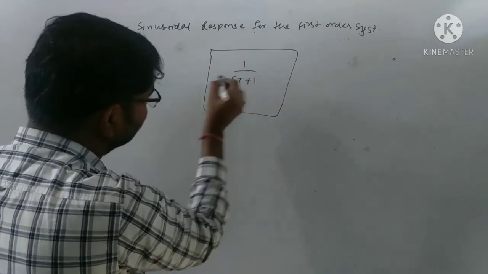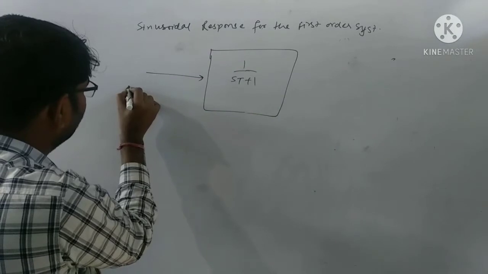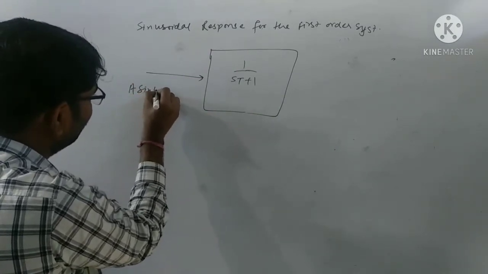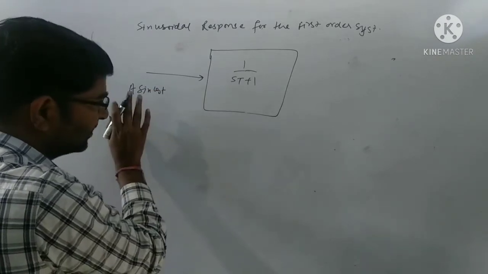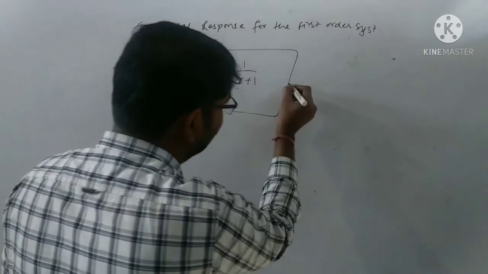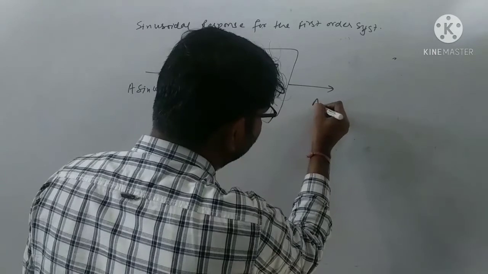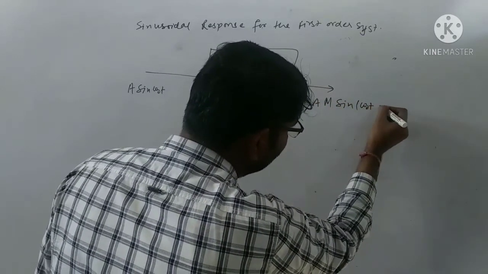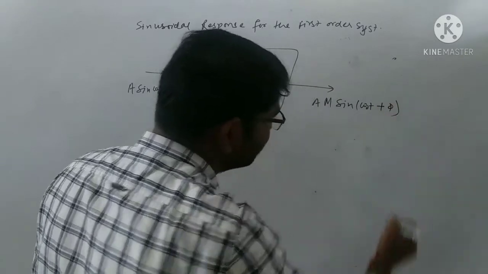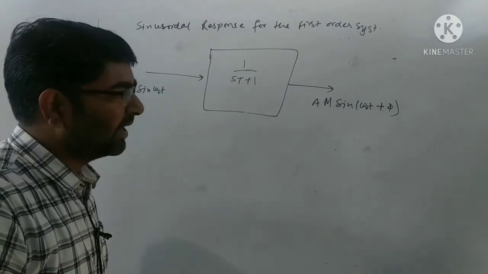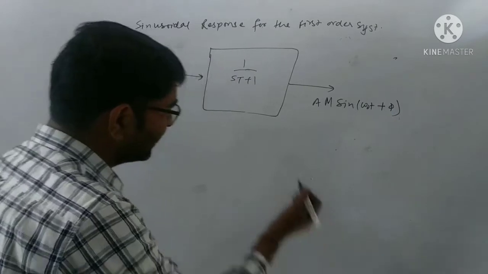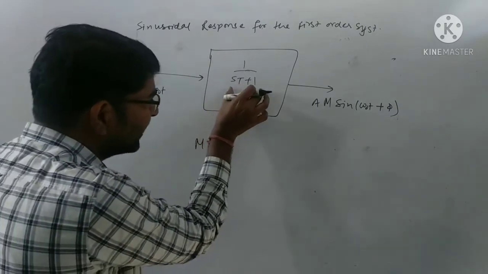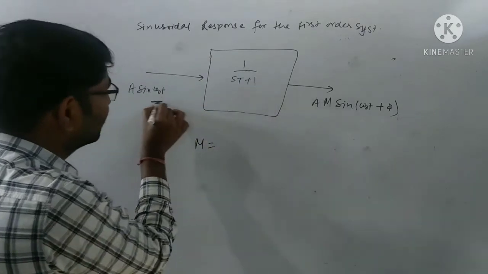This is my first order system, and I am going to apply an input sine of omega naught t, a sinusoidal input, and I will get a sinusoidal output with different amplitude, the same frequency, but at a different phase, right? So M can be given as the magnitude of this at the input frequency.